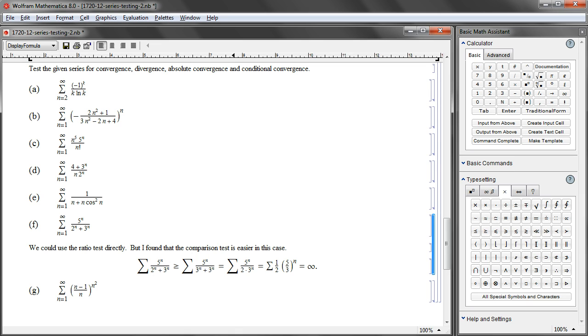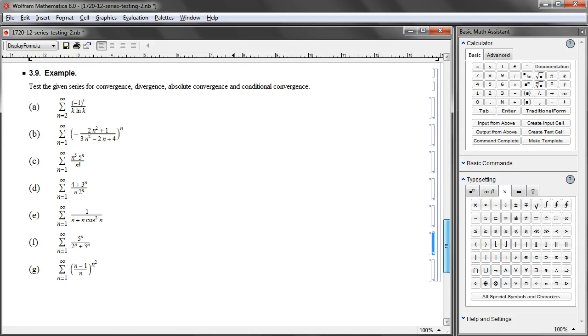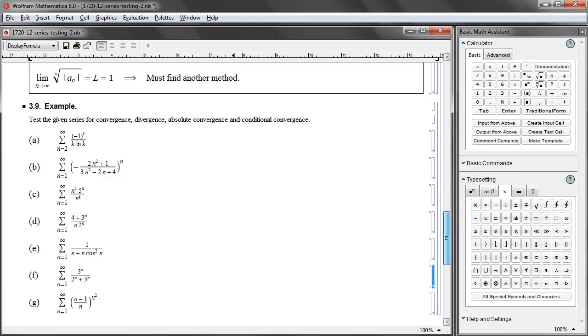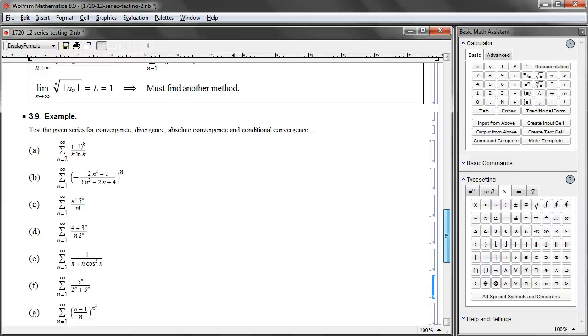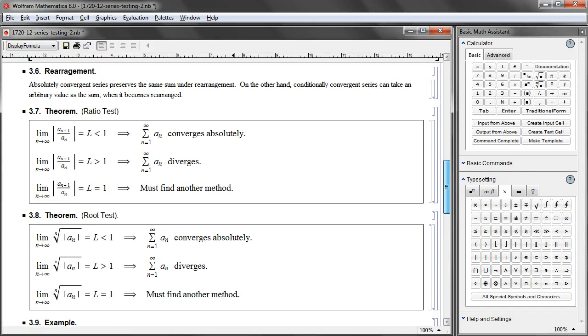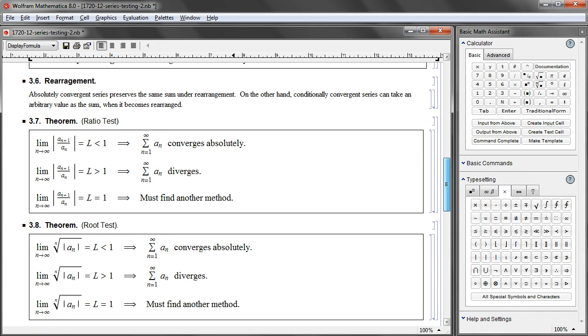And how about this one? We could use the ratio test directly, but I ended up using the comparison test, or limit comparison test, whatever. In some cases there are multiple ways to handle the same problems, and you'll have to find a way to handle those. Well, we have all these series tests, and then we have some examples here, but there are going to be a lot more problems in WebAssign, so just practice those.